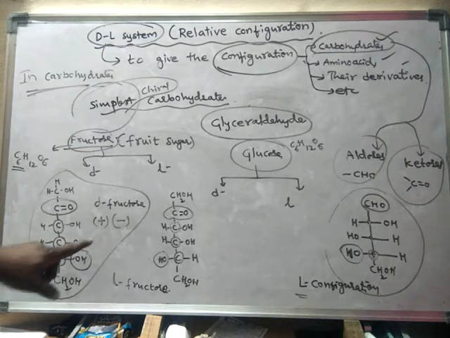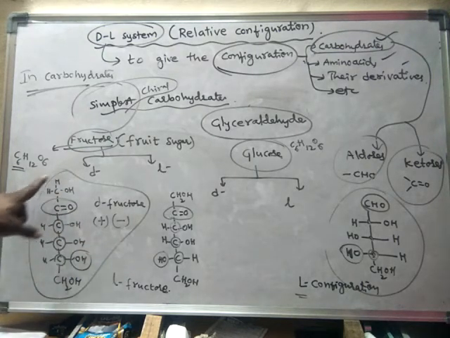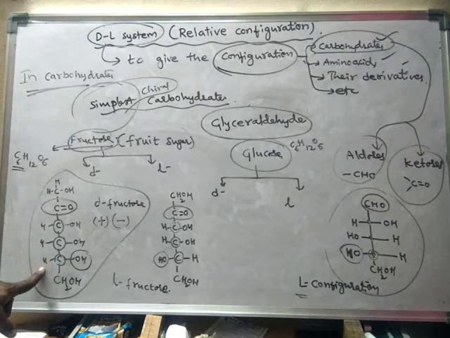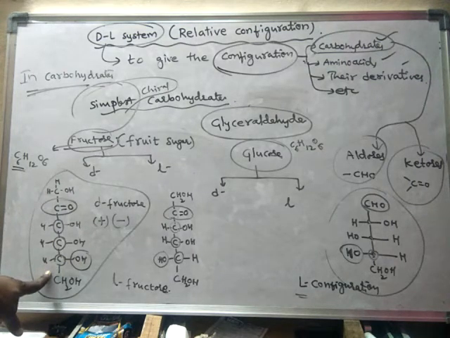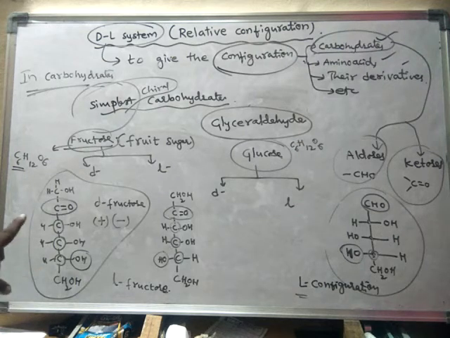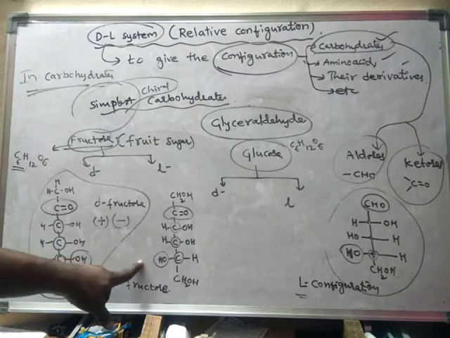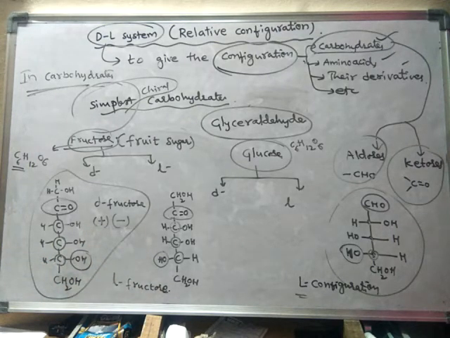It may show clockwise rotation of plane polarized light, or anti-clockwise rotation. Suppose D fructose shows clockwise rotation, then L fructose shows anti-clockwise rotation. We cannot decide that beforehand; dextrorotatory or levorotatory can be decided only based on experiments. It is an experimental thing.